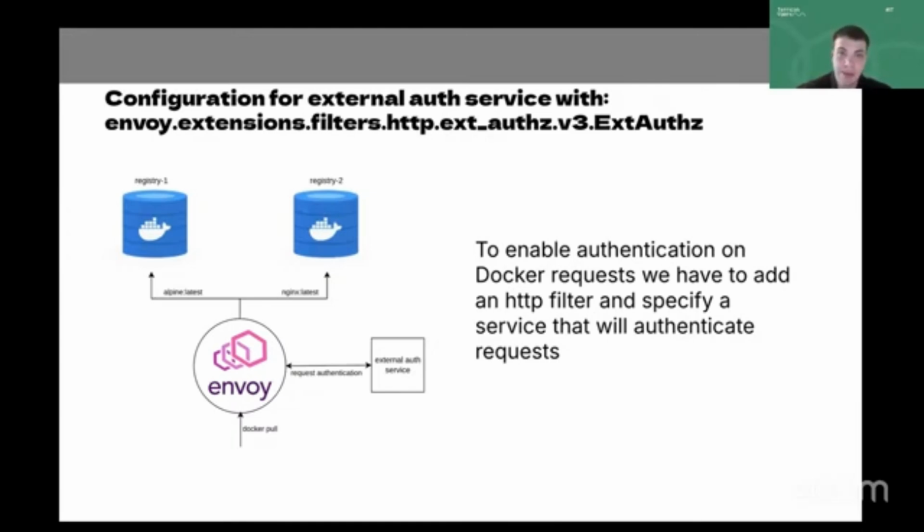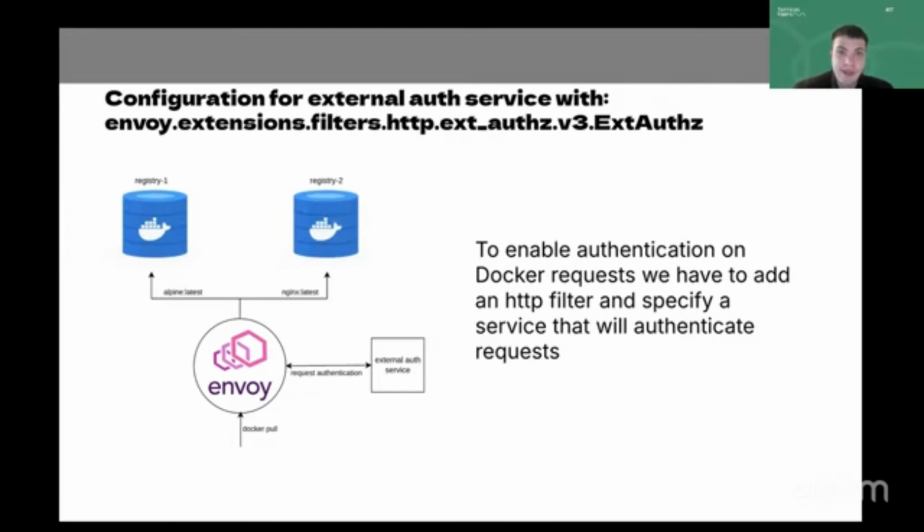But you may also have an external authentication provider, maybe a provider that is used in your company, and you want to integrate it with your container registry so it will authenticate your Docker traffic.